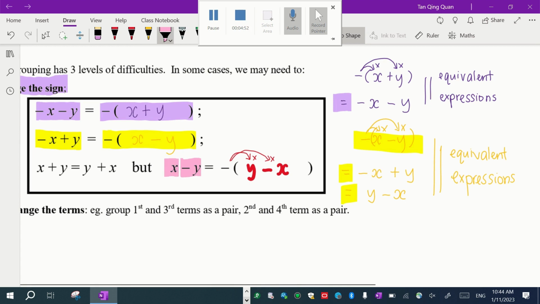So these are some of the things that we could apply when we solve for factorization by grouping.